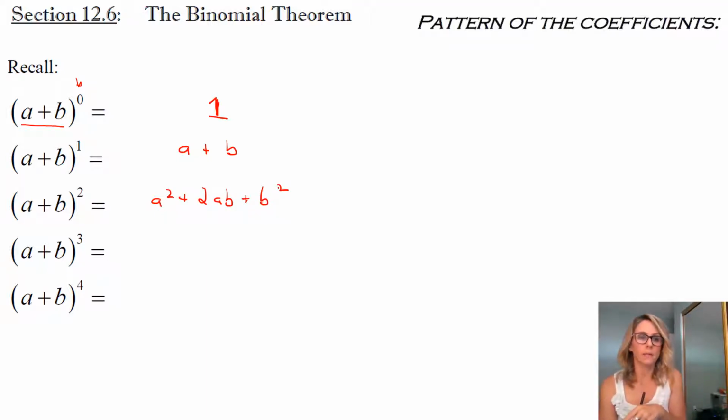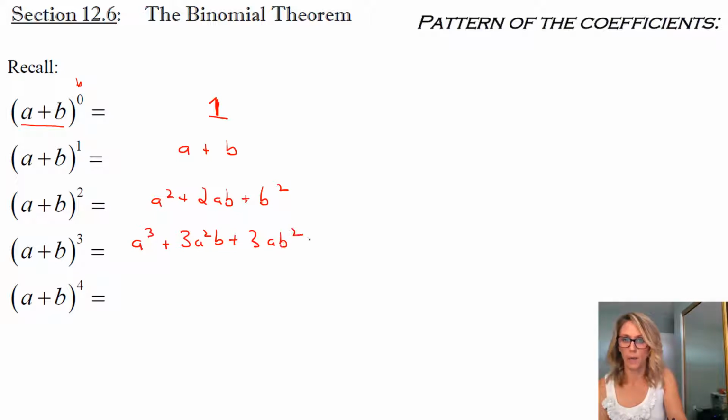Now if we take that and we multiply it by another a plus b to get a plus b cubed, we will have a cubed plus 3a squared b plus 3ab squared plus b cubed.